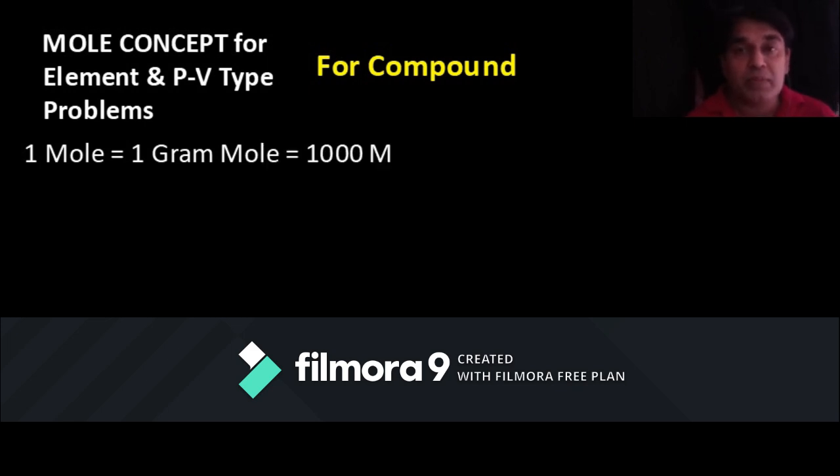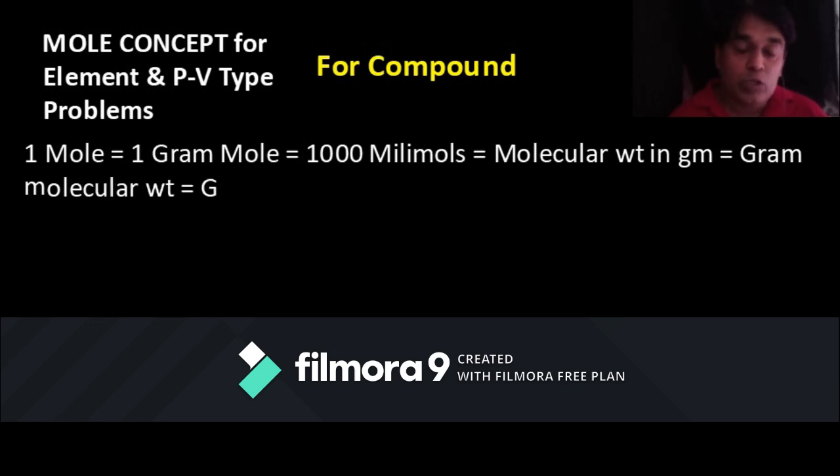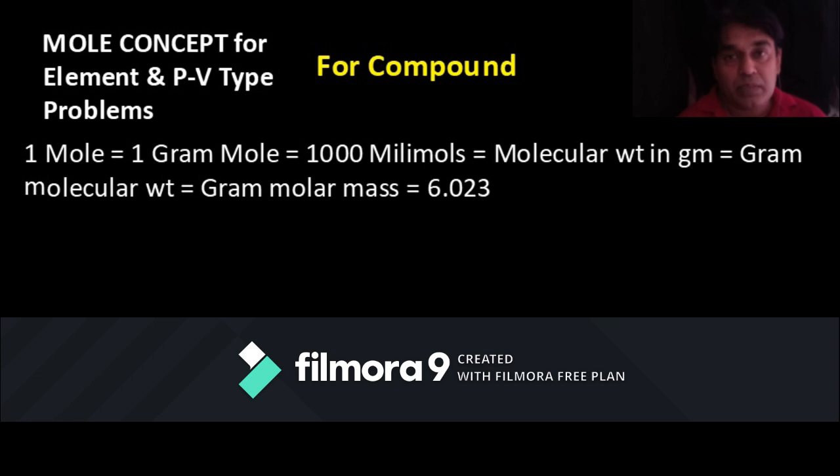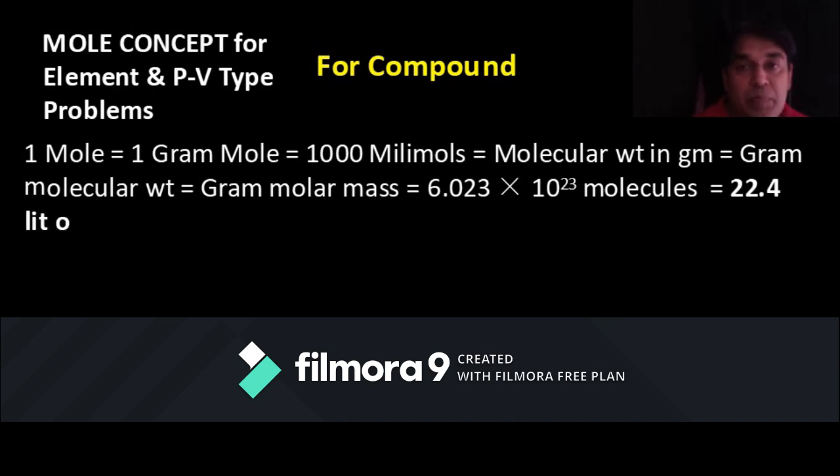The molecular weight in grams is also called gram molecular weight or gram molar mass. That is the Avogadro's number, equal to 22.4 liters or decimeter cubes, equal to 22,400 ml or centimeter cubes at STP condition.